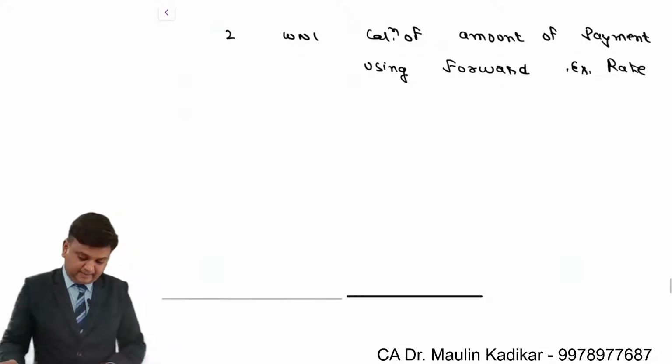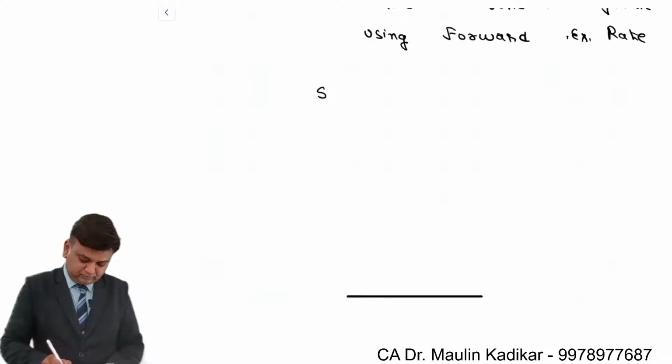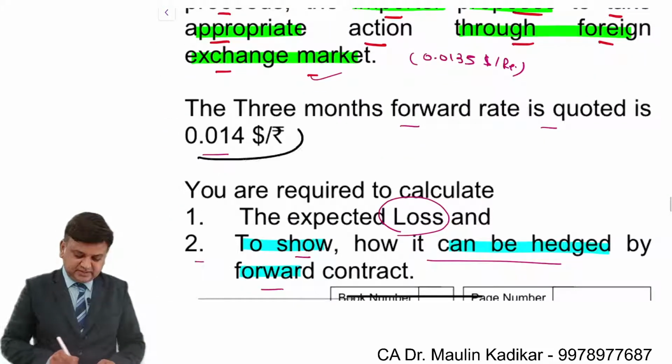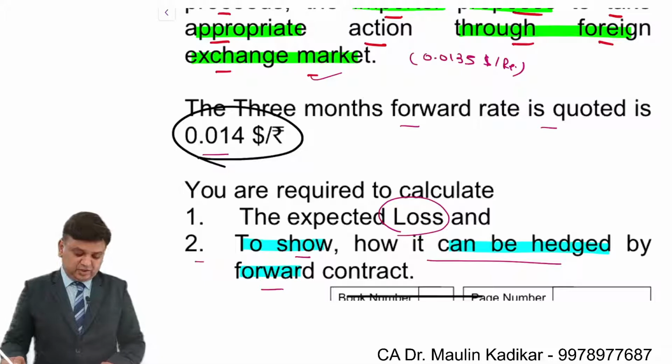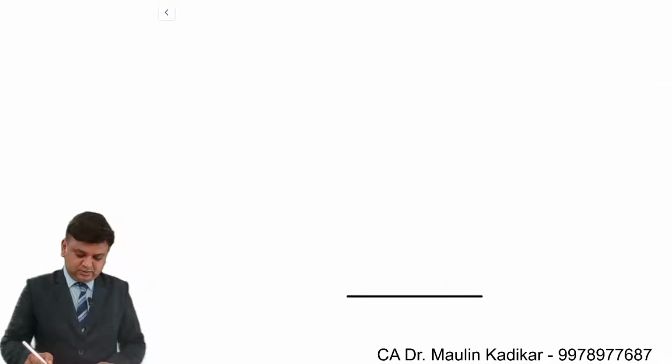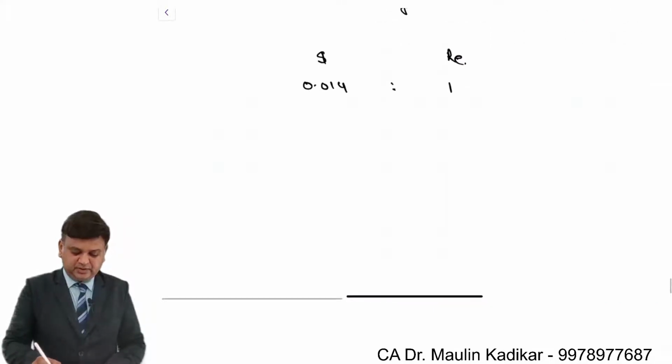In that, in dollar and rupees, we have been provided that the forward exchange rate is $0.014 per rupee.